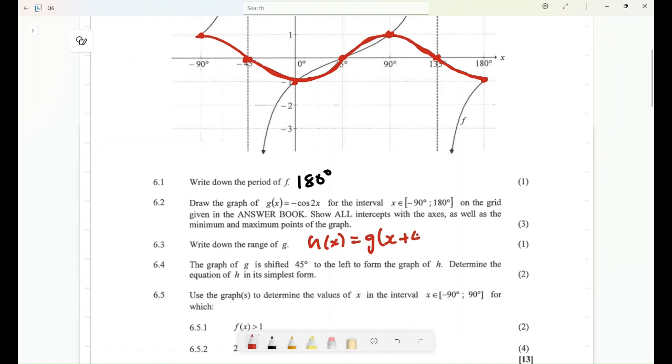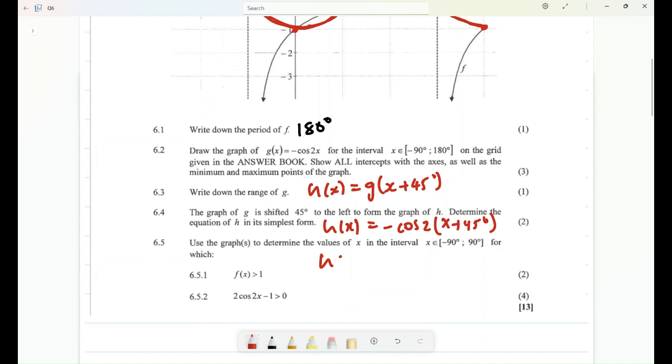To the left it is plus 45 degrees. So let's get the exact h of x. h of x is going to be negative cos 2 into x plus 45. They say into its simplest form. Now let's simplify it a little bit further.